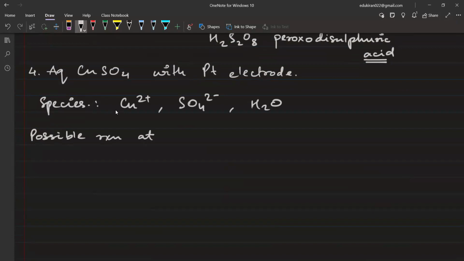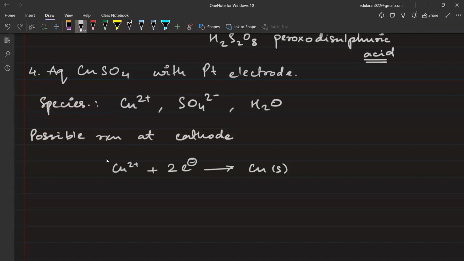at cathode. What are the possible reactions at cathode? Tell me. Which possible reactions are there at the cathode? Come on, speak up. The cation, which cation is here? Copper. Cu2 plus plus 2 electrons gives copper solid.